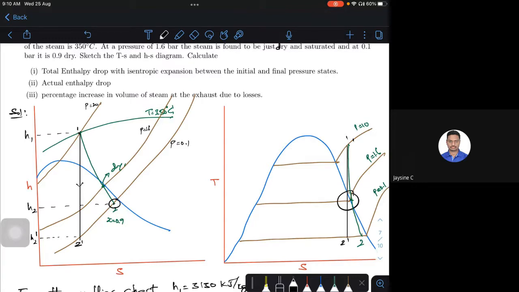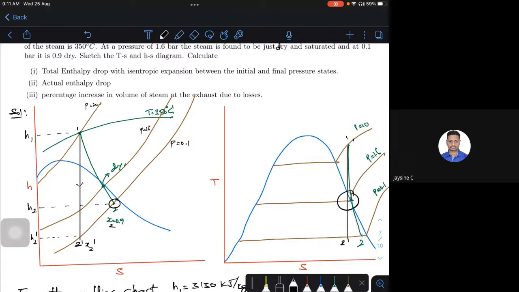So to find the specific volume at this particular point, what should I do actually? See, specific volume at 2. So what should I do? I don't know the value of this particular, if I call this x2, I don't know the value of x2 dash. So I should be able to find that x2 dash.